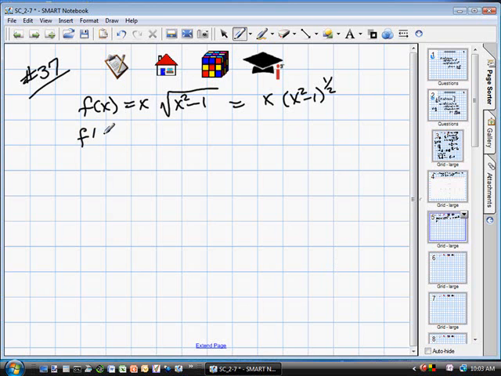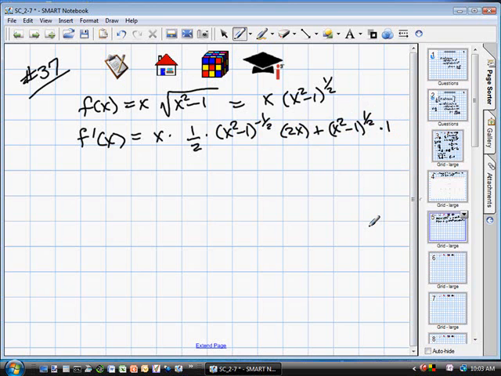So f prime of x: the first times the derivative of the second, plus the second times the derivative of the first.